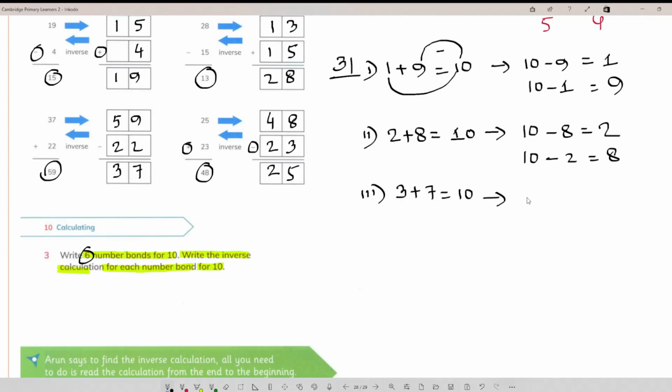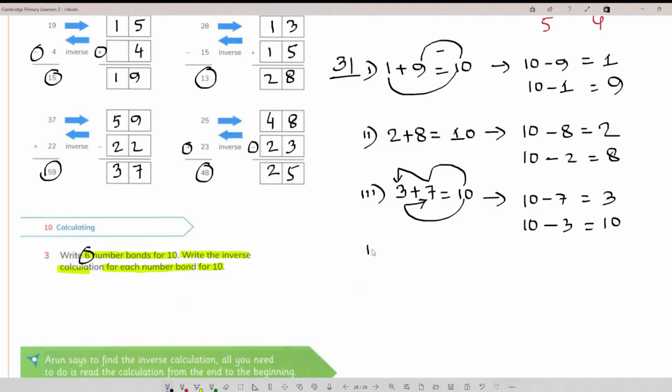We can write 10 minus 7 equals 3. Similarly, 10 minus 3 equals 7. This is our result. Once we subtract 7, we will get 3. Again, once we subtract 3, we will get 7.